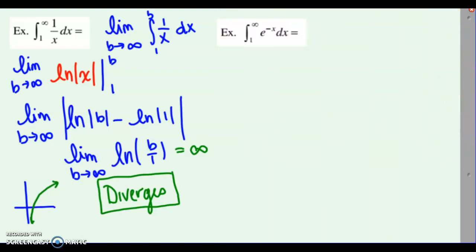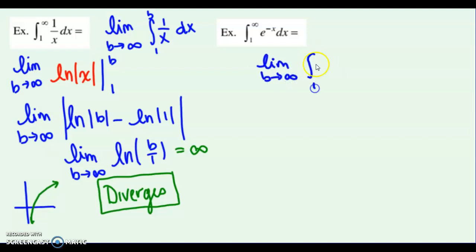So let's take a look at another one. The integral from 1 to infinity of e to the negative x dx. So like the other one, we're going to make this a limit as b goes to infinity of the integral from 1 to b of e to the negative x dx.